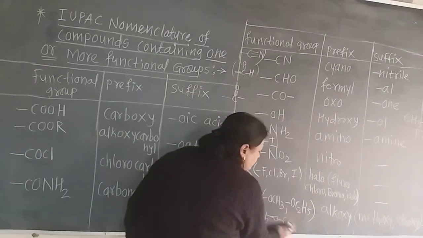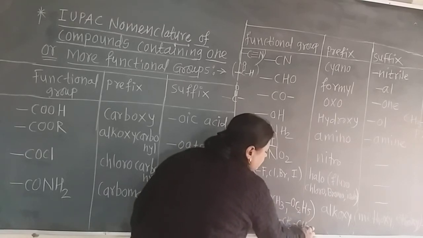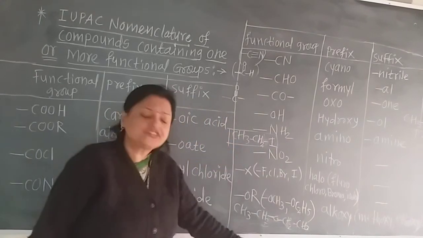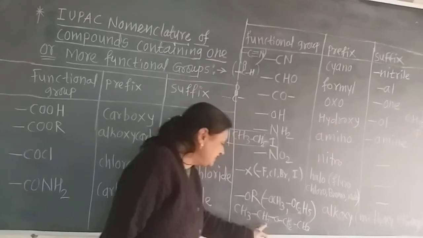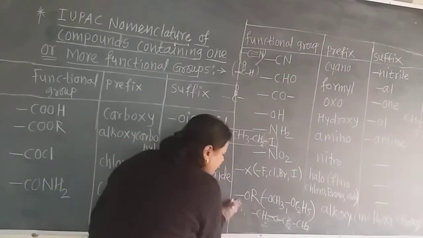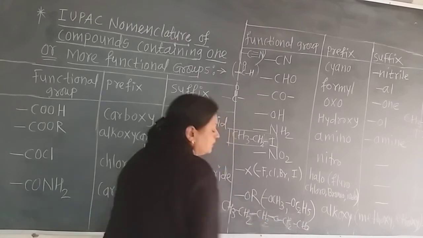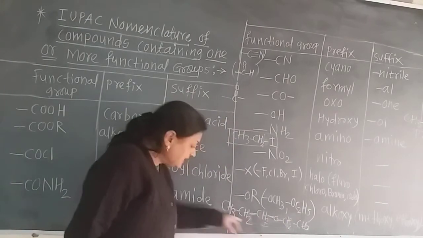If both groups are the same, CH2CH3 again, no matter. Let us make one group the alkoxy and another group the parent alkane. So it is ethoxyethane. Suppose there is such CH3CH2CH2OC2H5, then this is the larger group.